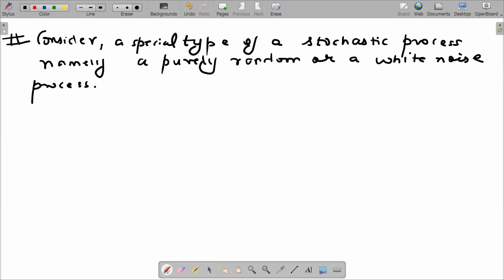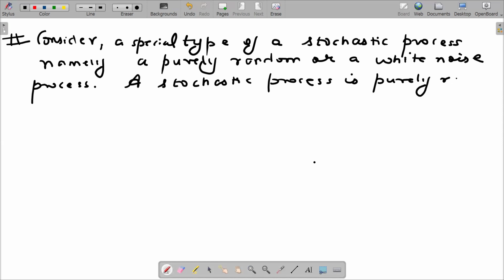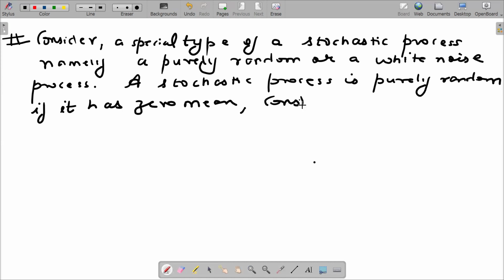I can say a stochastic process is purely random if it has zero mean, constant variance sigma square, and is serially uncorrelated.